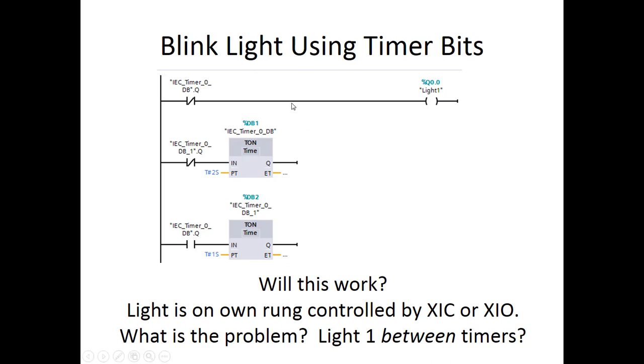This worked. If you really want to mess this up, if you took this piece of ladder logic right here and you moved it down here between the timers, now you're going to start getting in trouble because of the way that these timers read and the way that we access them. You might get a situation where one of these timers resets prematurely because we're looking into the status of the .Q bit.